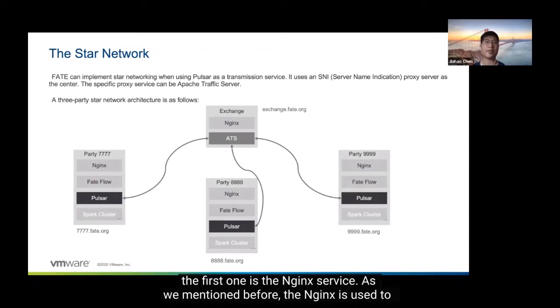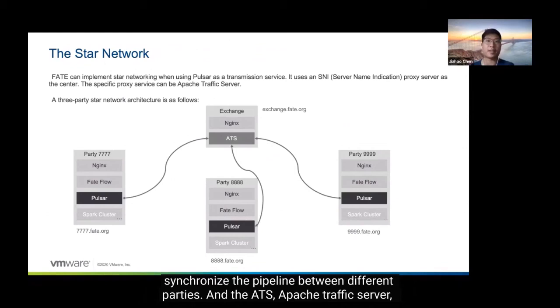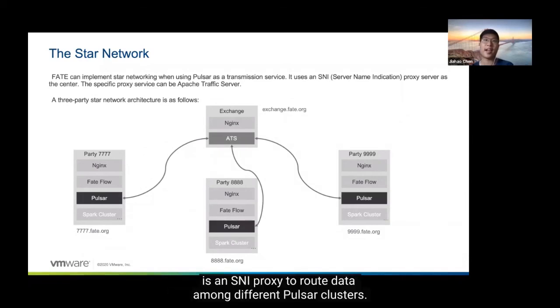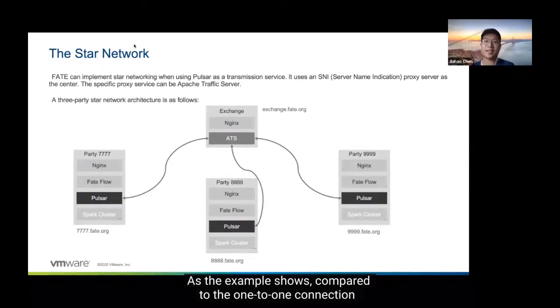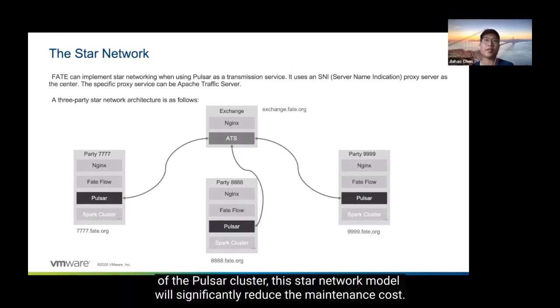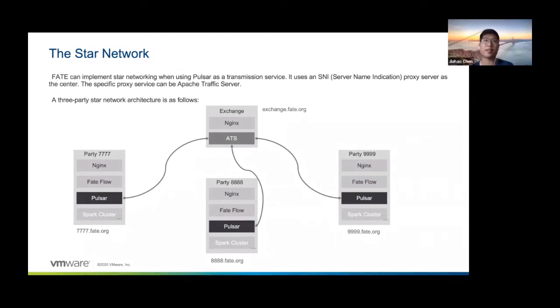As we mentioned before, the NGX is used to synchronize the pipeline between different participants of the Federated Learning. And the ATS, Apache Traffic Server, is an SNI proxy to route data among different Pulsar clusters. As this diagram shows, compared to the peer-to-peer connection of the Pulsar clusters, this star network model will significantly reduce the maintenance cost.